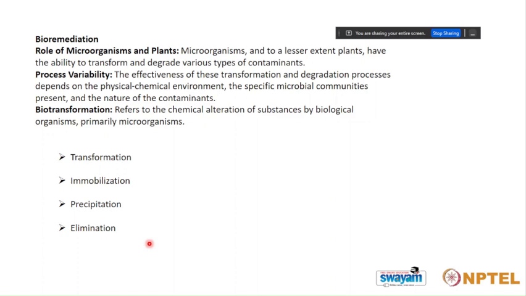So in bioremediation, the effectiveness can also vary with respect to the physical and chemical environment, the specific microbial communities and their metabolic potential, and it is also affected by the nature of contaminants. So the bioremediation process is affected by all these factors.